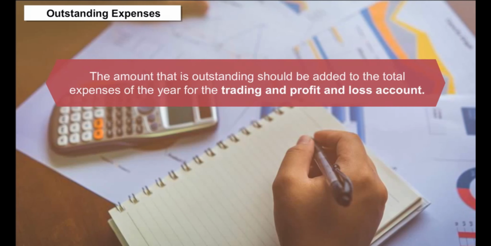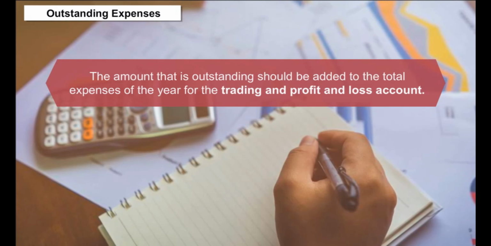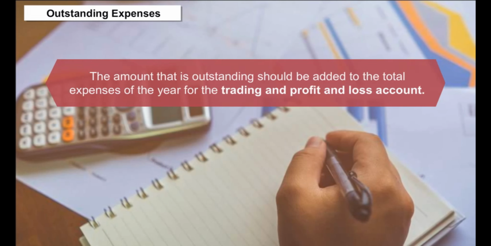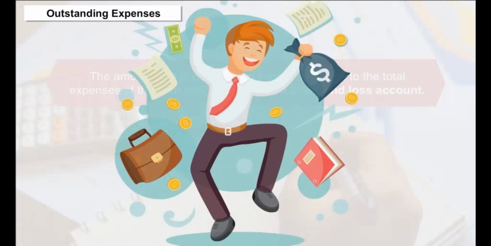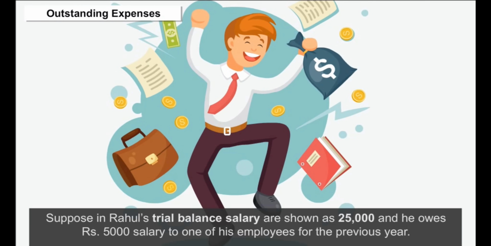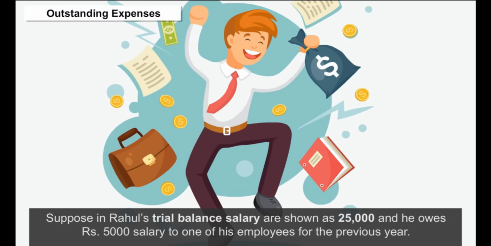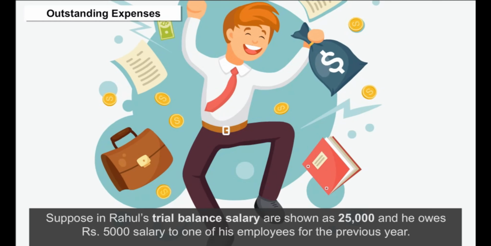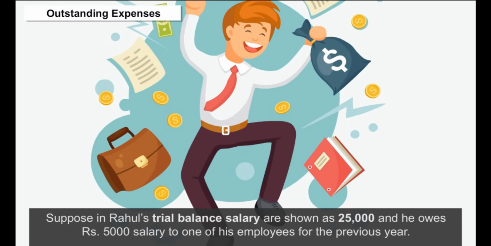The amount that is outstanding should be added to the total expenses of the year for the trading and profit and loss account. Suppose in Rahul's trial balance salary are shown as 25,000 and he owes rupees 5,000 salary to one of his employees for the previous year.